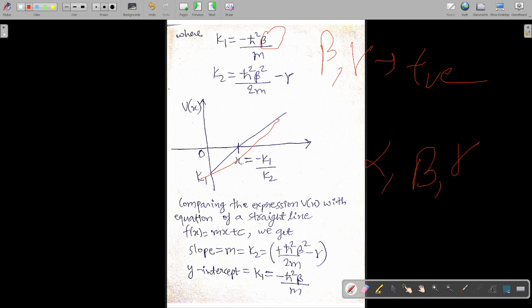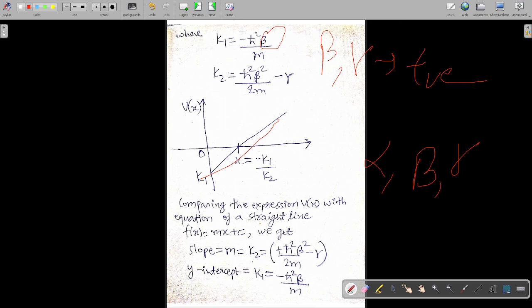It is not given that alpha, beta, gamma are greater than 0. The only thing given in the question is that alpha, beta, gamma are real. Then how come you are considering that they are positive? Why are you considering it like that?